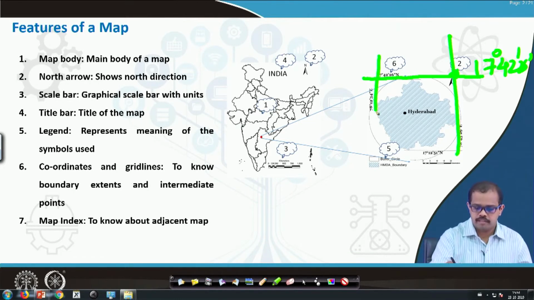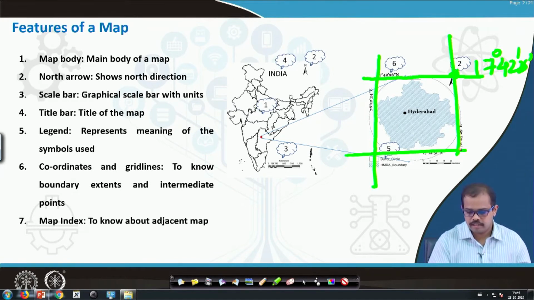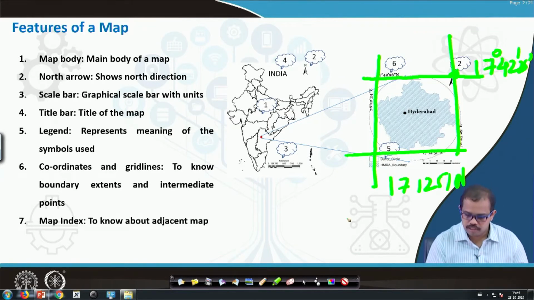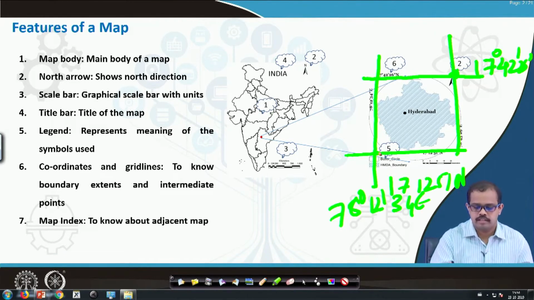The same thing is here. When you see here, it is 17 12 51 north, and this particular point is 78 degree 12 minutes 34 east. That is how you make out the latitude and longitude of the four different directions.